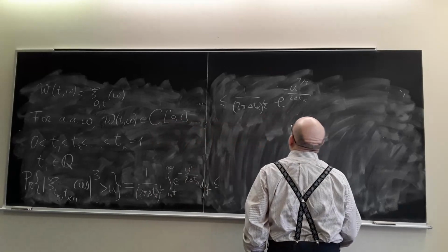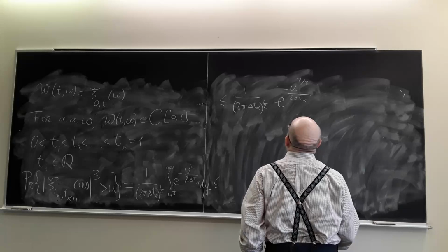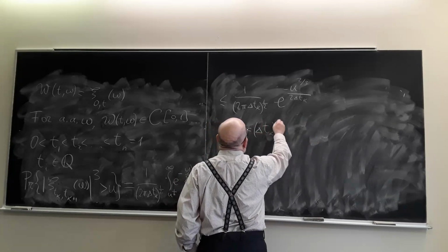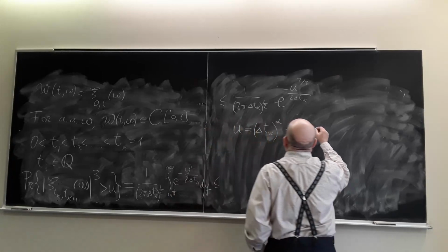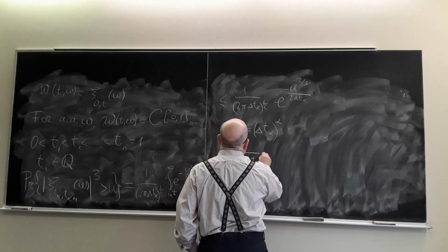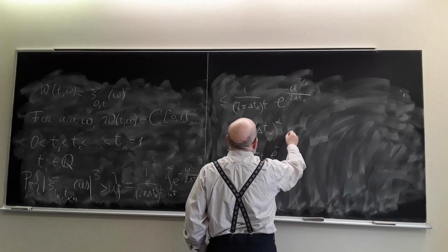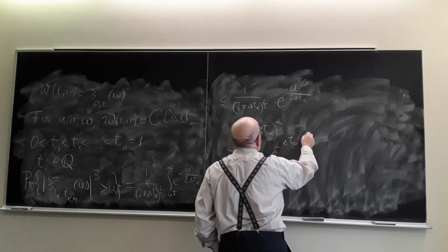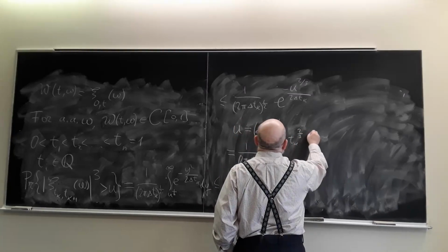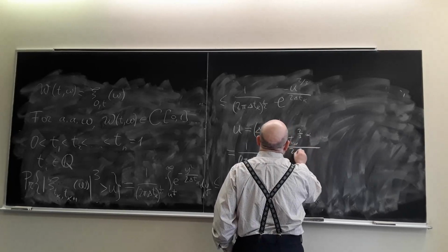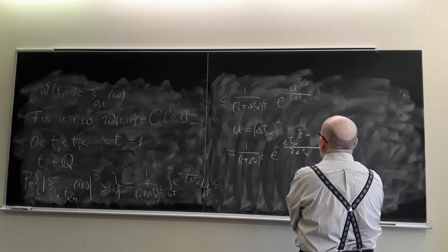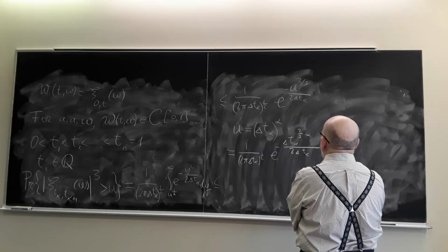So if you take u equals delta t_k to the power alpha, then you have 1 over square root of 2 pi delta t_k times e to the minus delta t_k to the power 2 alpha divided by 2 delta t_k.